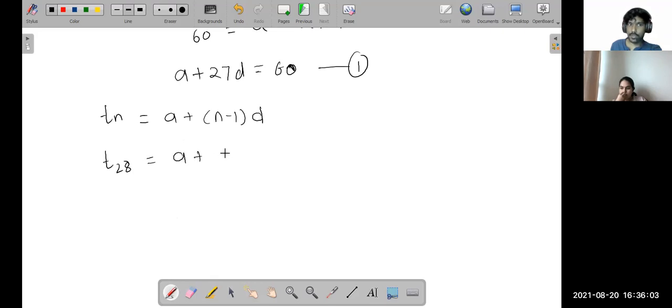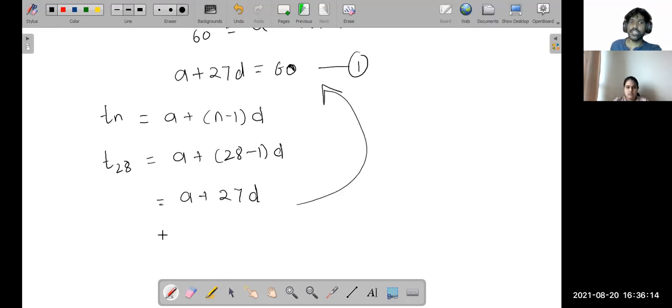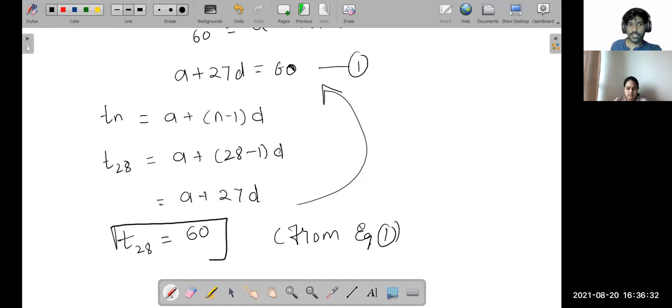So this becomes A plus 28 minus 1 into D. This becomes A plus 27D. But what is A plus 27D? 60. So just substitute 60 here and write from equation number 1. So T28 is nothing but 60. Did you understand?